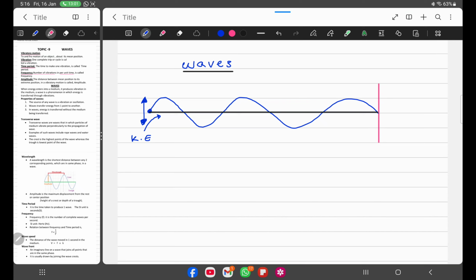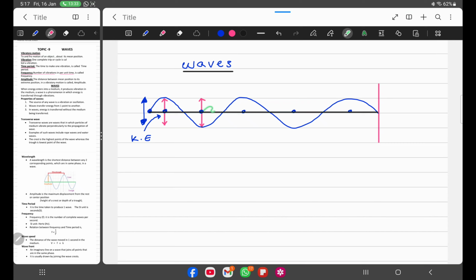When the string is moving like this, the particles of the string, this is one particle, this is the other particle, I am showing a few particles, I cannot show all the particles. Consider this particle is moving up, and later on it will move down. In the same way, this particle is moving down, and later it will move up.